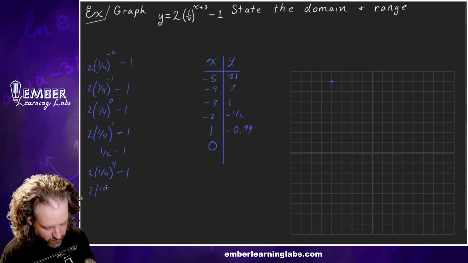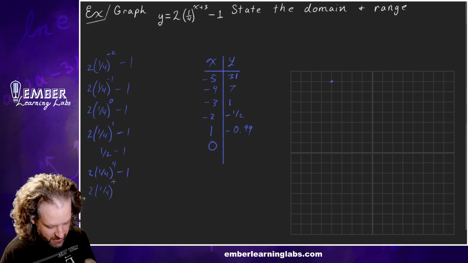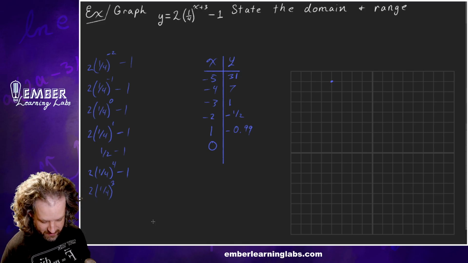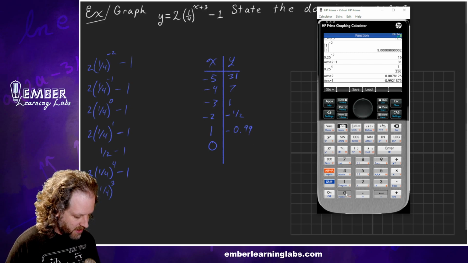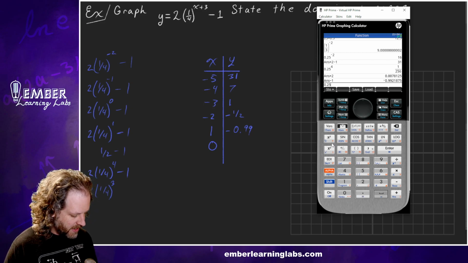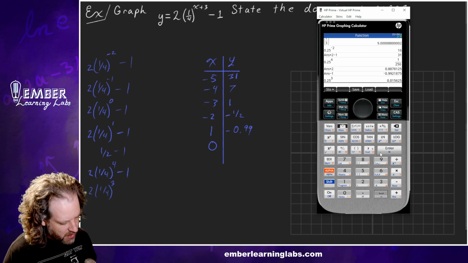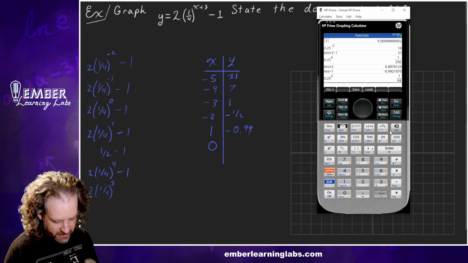2 times 1/4, and then we'll plug a 0 in there. 0 plus 3 is 3. So that is 1/64th? I think so. Let's see. 0.25 to the 3rd equals that, 1/64th. Yep, that's what I said.